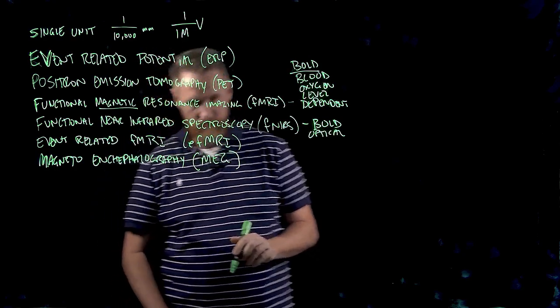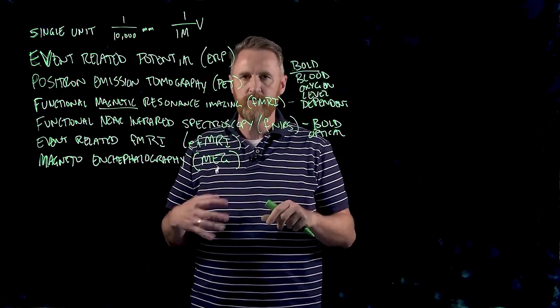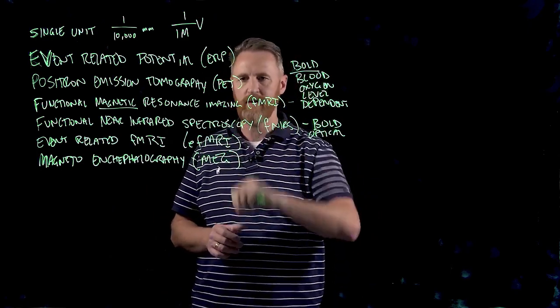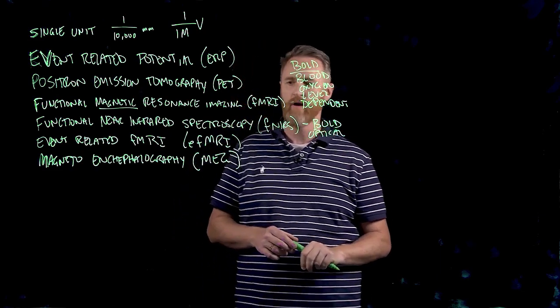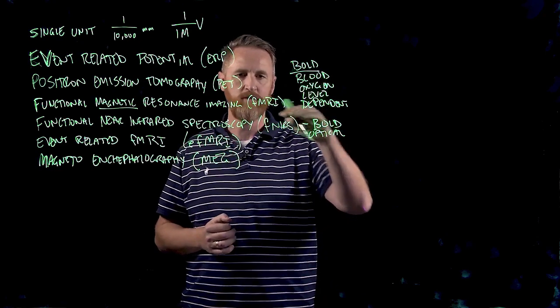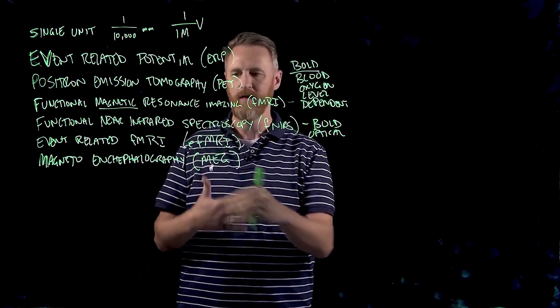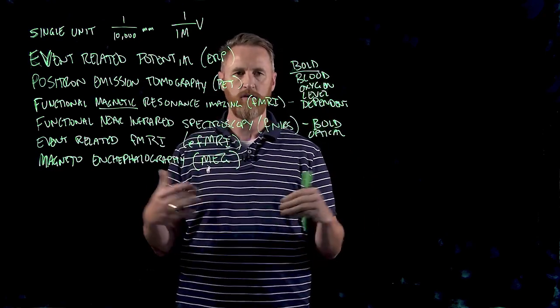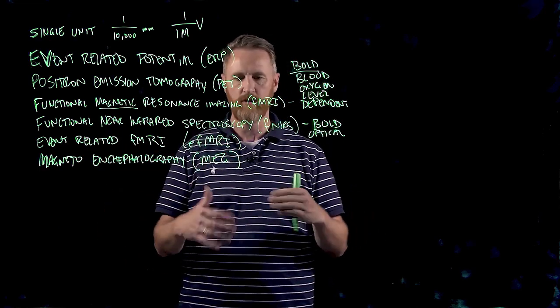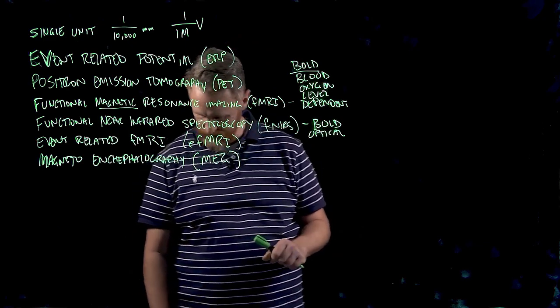And what this does is it measures magnetic fields in your brain, right? So it's looking, again, very similar to the functional magnetic resonance imaging fMRI, but it is actually not measuring the magnetic properties of the BOLD signal. It's trying to measure the actual electrical fields that are created from the release of neurotransmitters.